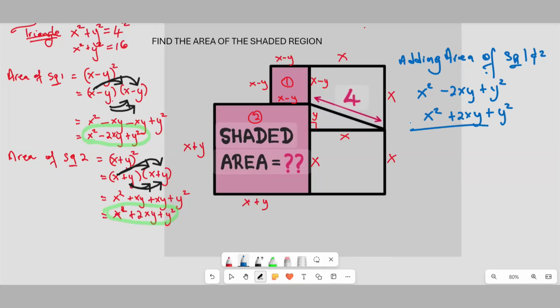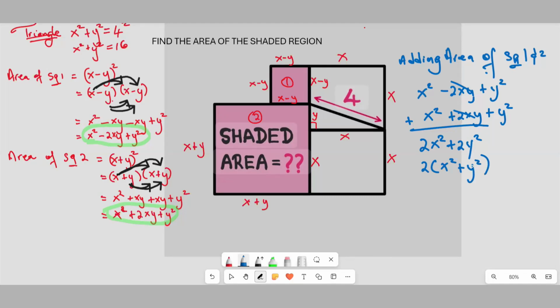If we put everything together, we're going to get 2x squared. And the negative and positive 2xy become 0, plus 2y squared. If I factor out the 2, I'm going to have 2 times (x squared plus y squared).